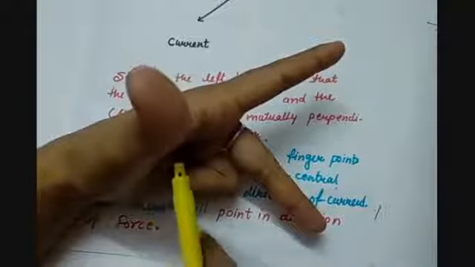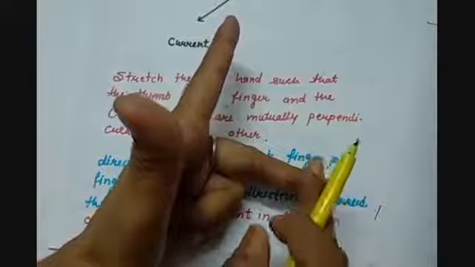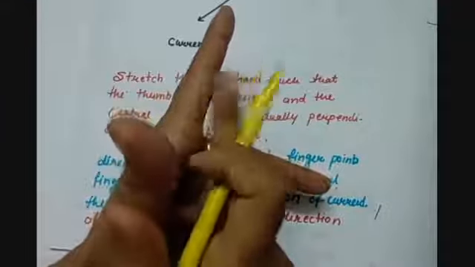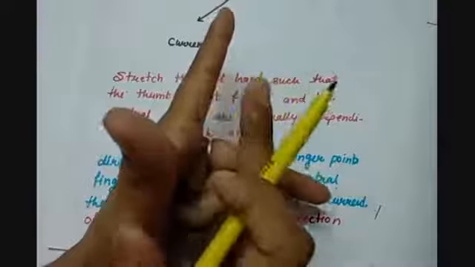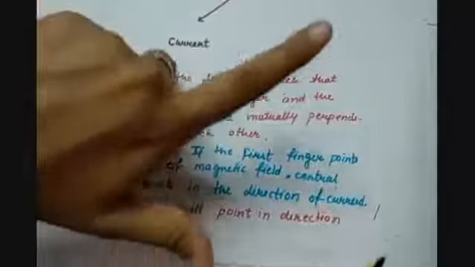You have to stretch them so that they are perpendicular to each other. You can see here that my central finger is perpendicular to both my thumb as well as my first finger. My first finger is perpendicular to both and my thumb is also perpendicular to both.